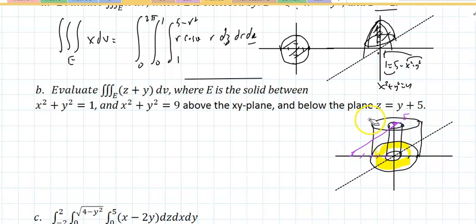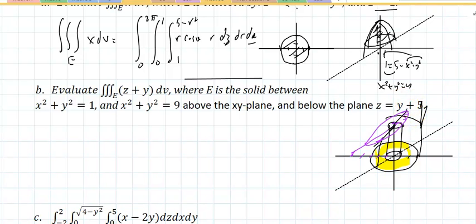So this plane is going to run and it's going to look like this, because this is going to keep on running up.